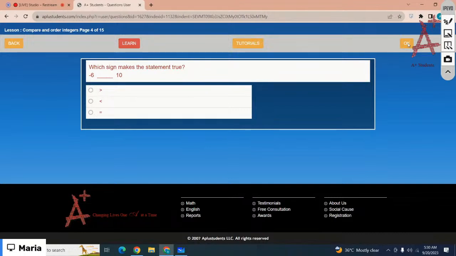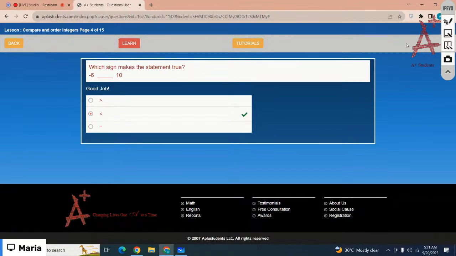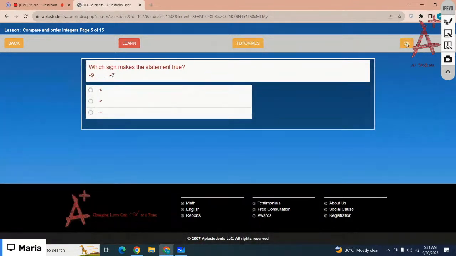Yes, negative numbers are always less than the positive numbers. So negative 6 is less than 10, right? Which sign makes the statement true?